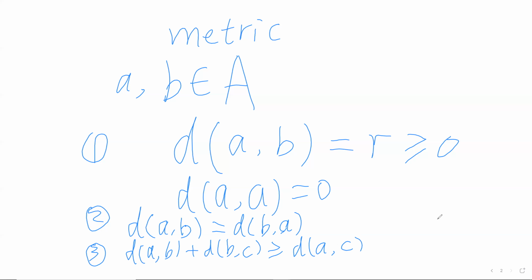It's like the triangle theorem in geometry. Suppose you have 3 elements or 3 points, a, b, c. The distance between a and b plus the distance between b and c should not be shorter than the distance between a and c directly.